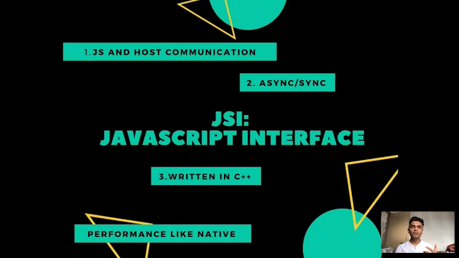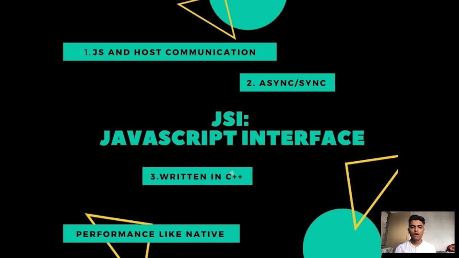I don't have to justify more about JSI, because C++ is very close to our hardware, right? That's why we get more performance benefit, and sometimes performance like native. People probably want to build their app in a native environment because they don't want to compromise on performance. But don't worry, till now we were having a performance issue, but now we are not having any.